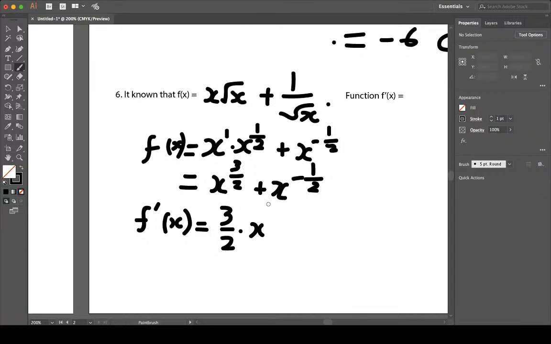That's half. Okay, that's pretty good. And then you add 1 times negative half, that will be negative half at the front, multiplied by x to the power of negative half minus 1, which is negative 3 over 2.